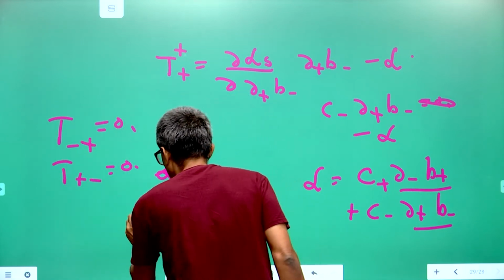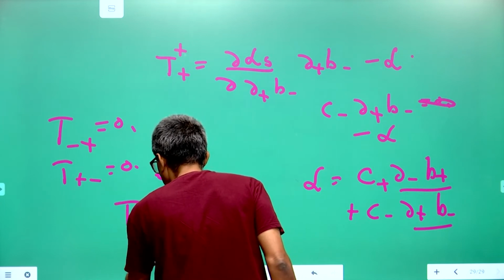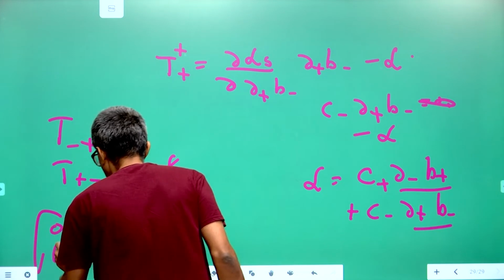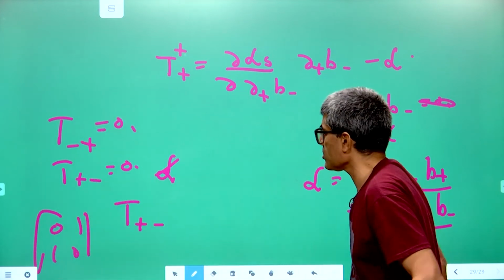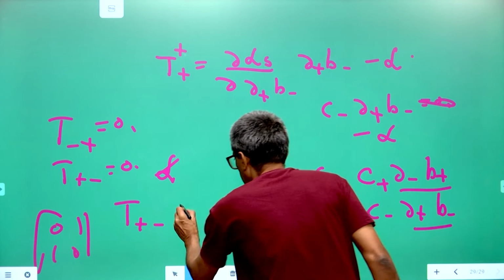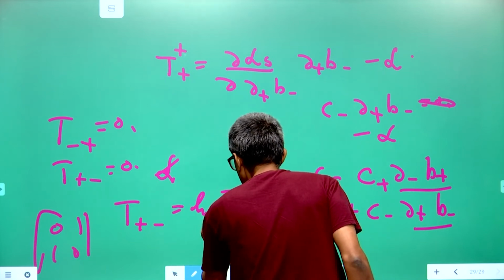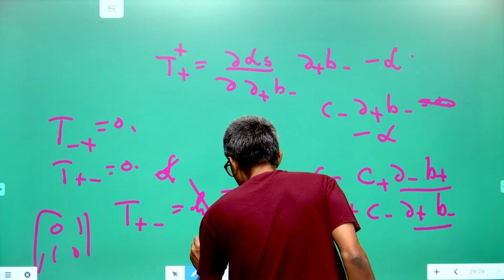So how do you calculate, for example, T plus minus? You are using the metric 0 1 1 0. That means h plus minus is 1, h minus plus is 1, and h plus plus and h minus minus are 0. So this is nothing but h plus minus times T minus minus, which is 1, and that is all.